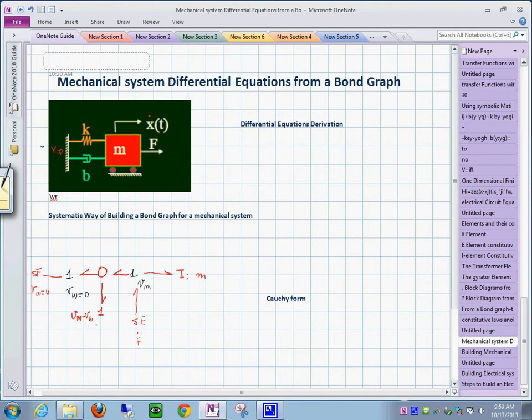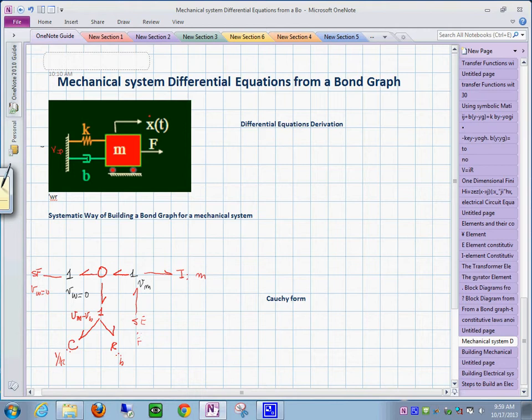Step number 5 means put the elements that are attached to those different velocity differences. So this is going to be the C element with value 1 over k, and this other one is going to be the R element with value b. See, and we are done.